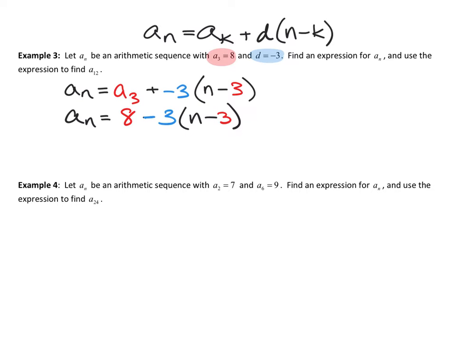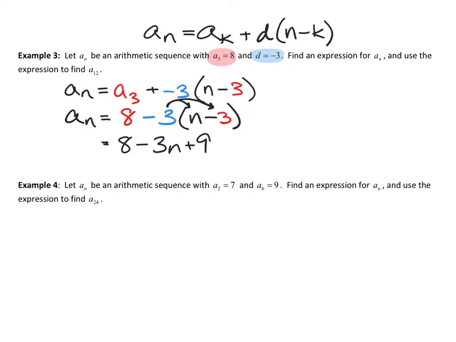All right, algebra time. We need to reduce this and solve it for an expression, kind of like solving for slope-intercept form. So my brain wants to do this first, wants to distribute. Hopefully yours did too. This would be 8 minus 3n plus 9. And sequences are not written with the slope usually coming first.